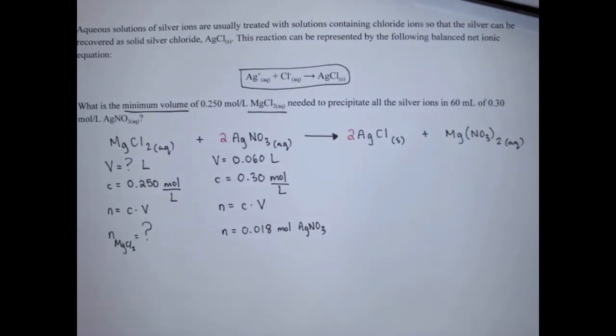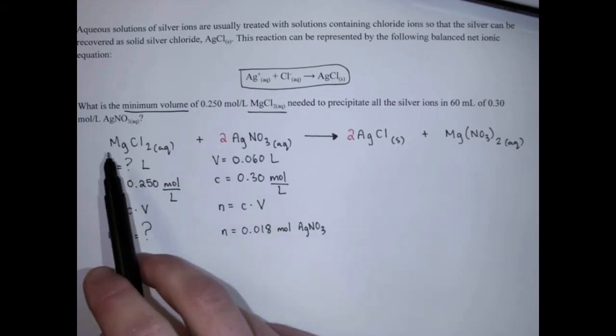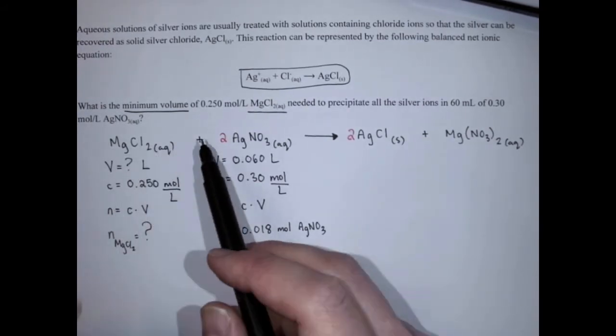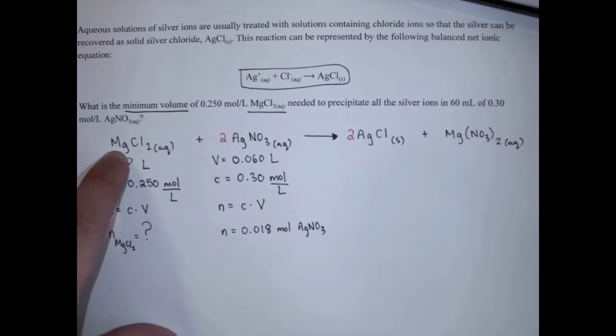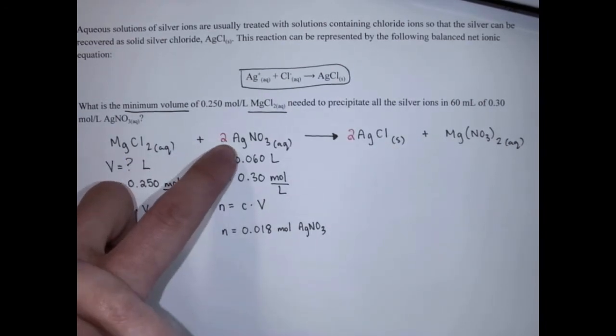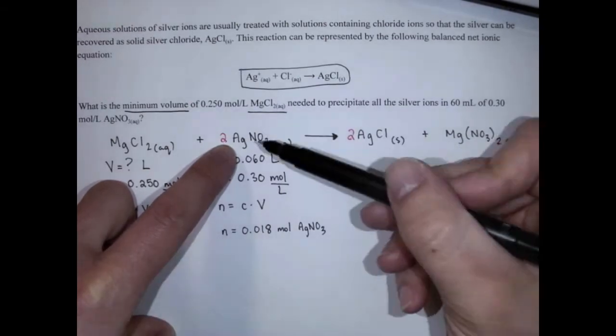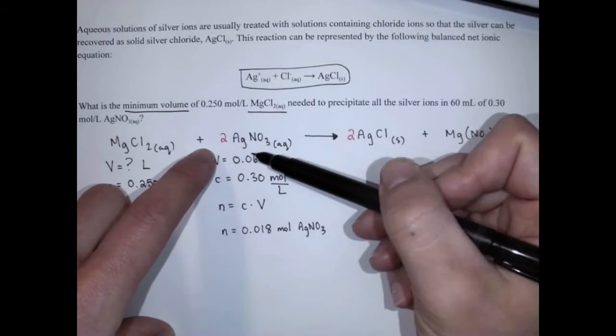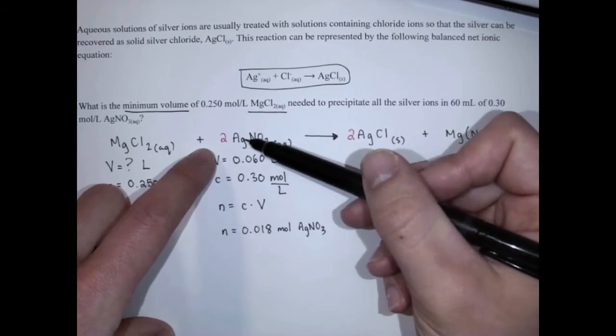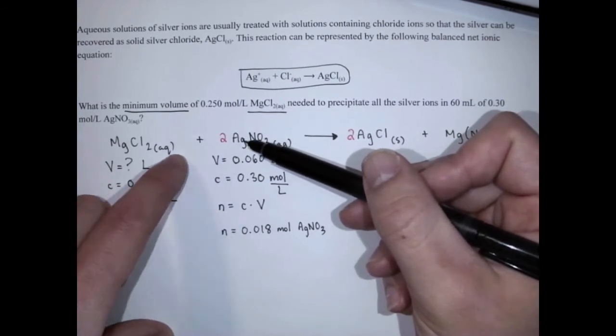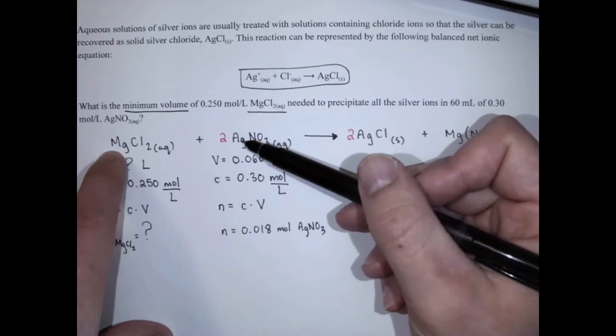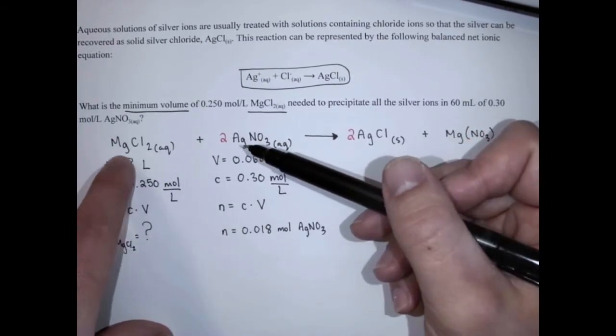So if I have 0.018 moles of silver nitrate, how many moles of magnesium chloride do I need to react with it? Well, my balanced chemical equation says that for every 1 mole of magnesium chloride, I need 2 moles of silver nitrate for a complete reaction. To get out all of the silver ions that come from silver nitrate, I need to have at least half of that amount in magnesium chloride.